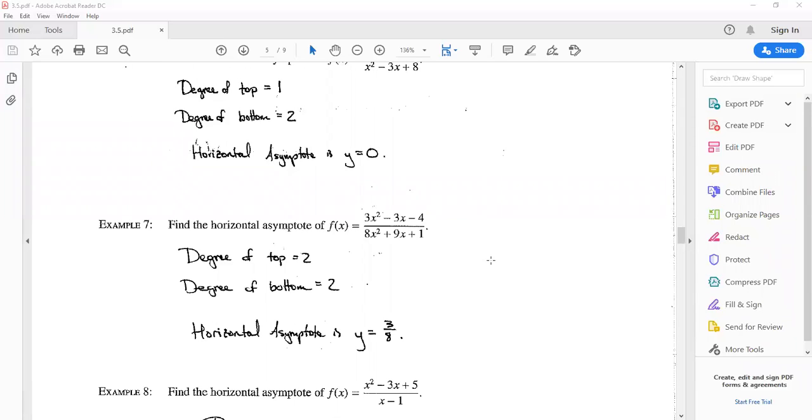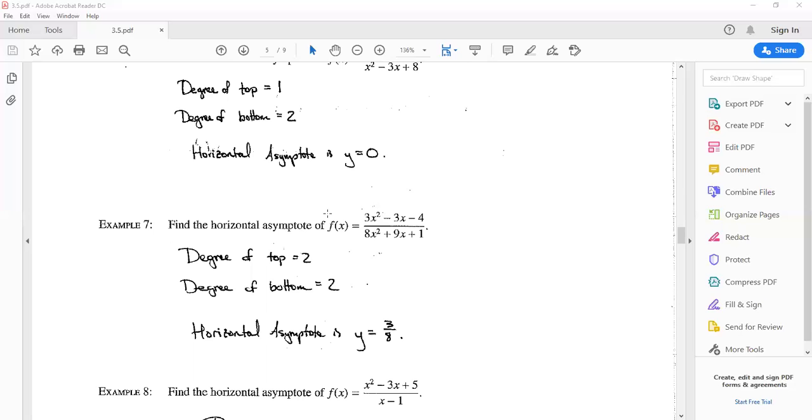The next example has f of x equals 3x squared minus 3x minus 4 divided by 8x squared plus 9x plus 1. It looks like here the degree of the numerator and denominator are both 2. So our horizontal asymptote will be the line y equals 3 divided by 8. Those are our leading coefficients, 3 on the top and 8 on the bottom.